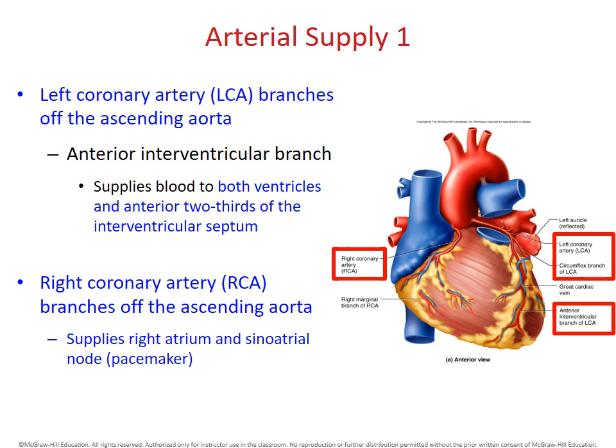The RCA is going to be your right coronary artery. As you can see, both of them will come off the aorta, which is that major blood vessel you encounter as blood leaves the left ventricle. And the RCA is going to supply the right atrium as well as your SA node, your sinoatrial node. We're going to talk about that one in a little bit.